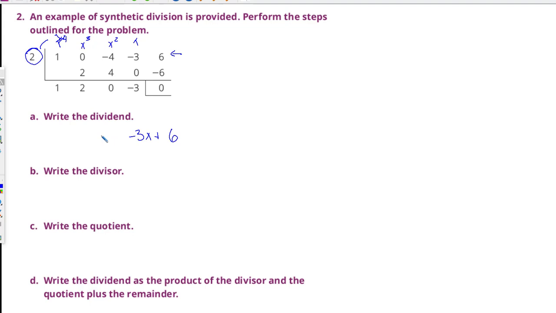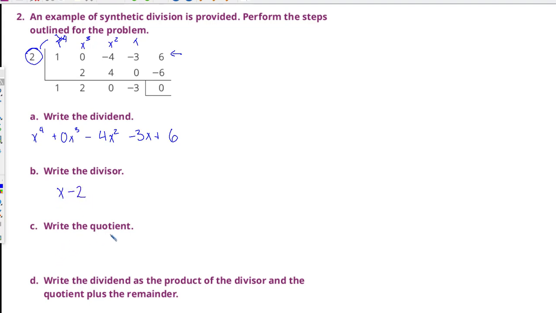And so negative 4x squared, 0x cubed, and x to the 4th is my dividend. My divisor is what I am dividing by. Like I was saying earlier, we're going to do the opposite of that, so it's going to be x minus 2.